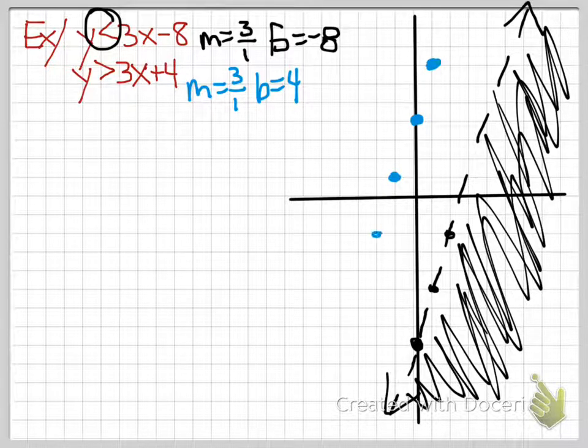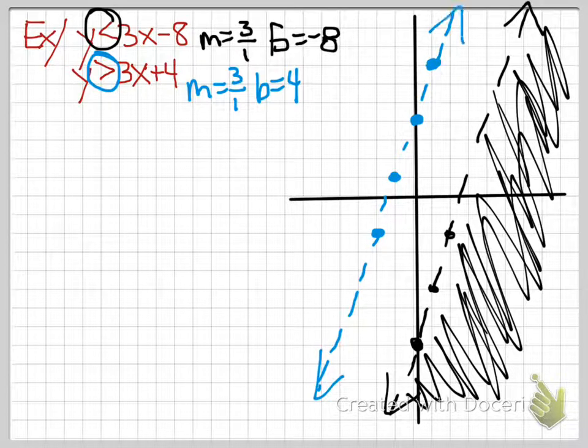Down 3, left 1. Before I make my line, I'm going to check to see if it's solid or dashed, and it is going to be dashed as well. I need to work on my dashed lines. And y is greater than that, so I need to shade above the y-intercept. I need to shade up here.